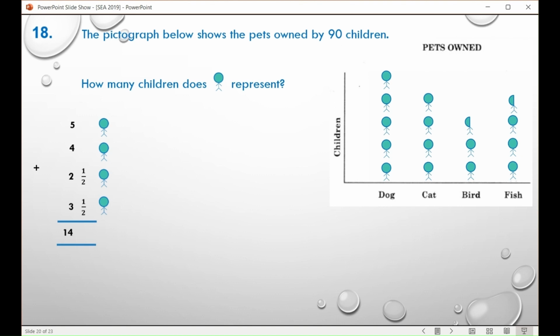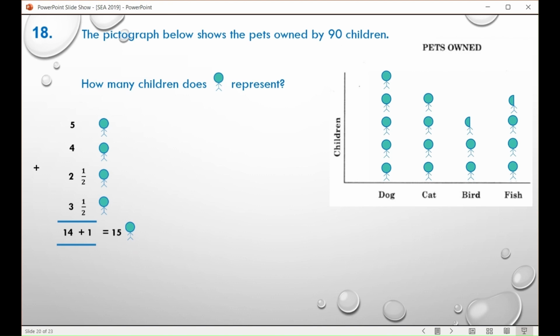But we also have fractions. We have half plus a half, and that gives us 1 whole. So in all, we have 14 plus 1, which is 15 little guys to represent the pets owned. So let's go back to the question up on top.